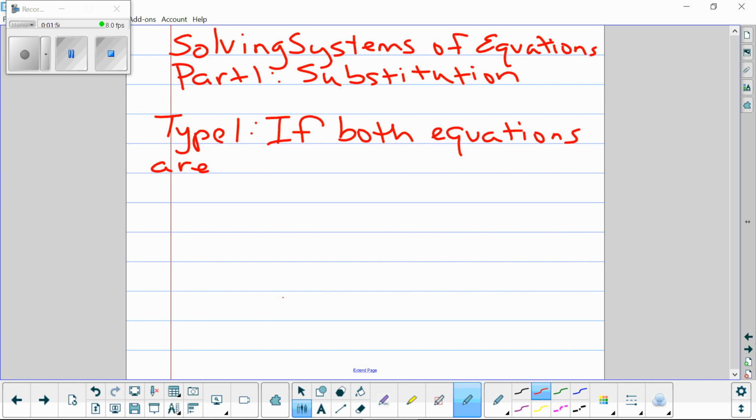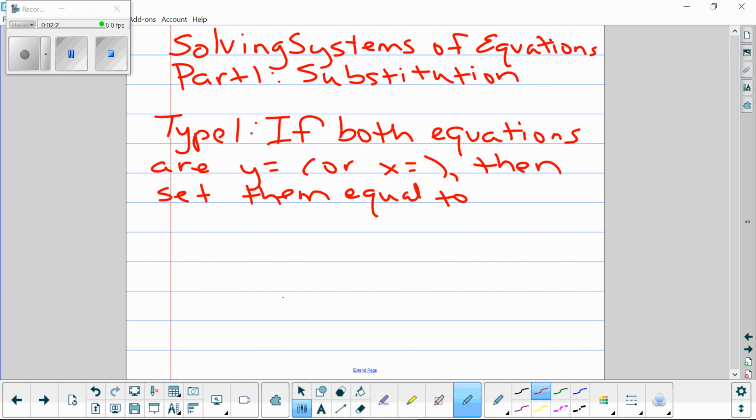So in other words, if they are both y equals something, or technically they could also be x equals something, then the best way to solve that is to set them equal to each other. So type 1 is if both equations are y equals or x equals, then set them equal to each other.